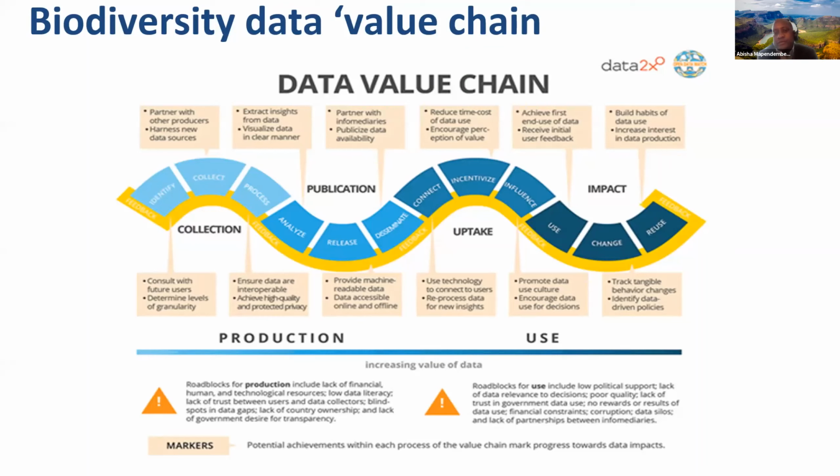As you can see from the graph, the first stage of the chain is collection, and under it you have identification of data, and that's where you need to consult with future users, and also have an idea of what sort of decision points or entry points that data could be used for. So that is really critical to do at the beginning. And also, of course, determining the level of granularity when collecting the data.